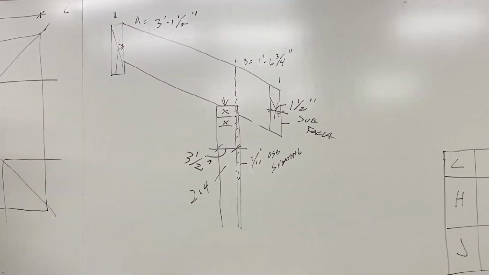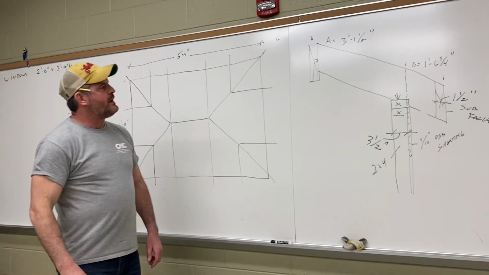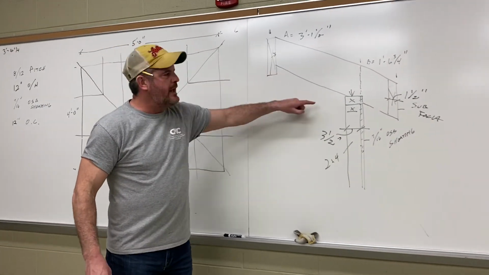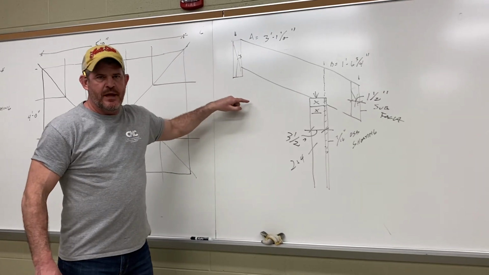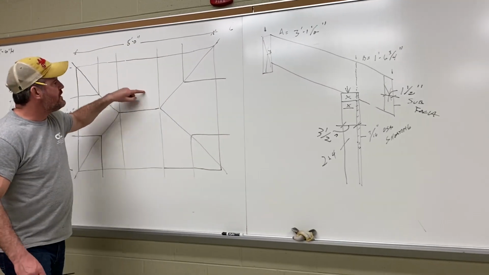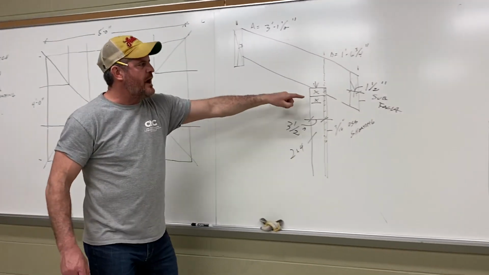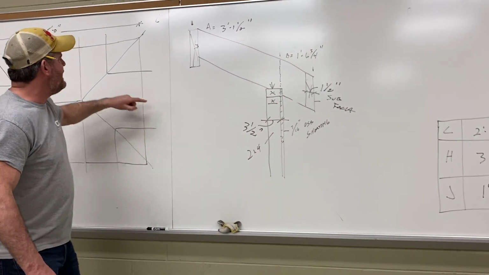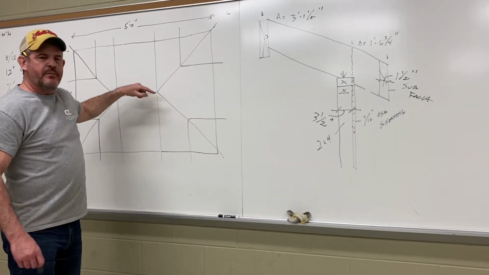A few things to understand here. Hips are fairly complicated. Why? Because we're seeing a triangle in elevation. We saw a triangle in elevation with our common, but with our common, we saw a square in plan. With our hip, we're seeing a triangle in elevation and another triangle in plan. So it's a little bit more complicated.